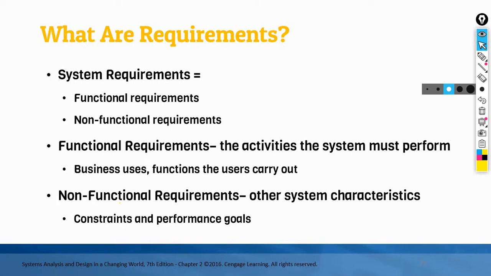System requirements are all the activities that the new system must perform or support, and the constraints that the new system must meet. Generally, analysts divide system requirements into two categories: functional and non-functional requirements.